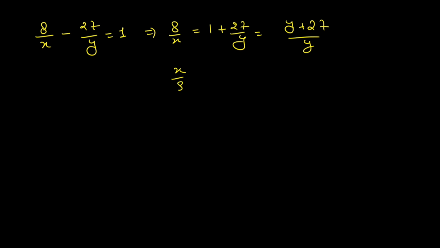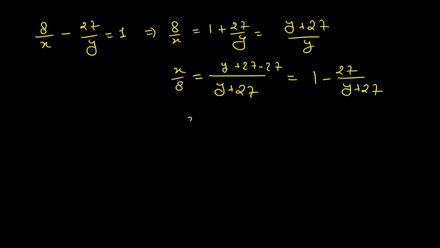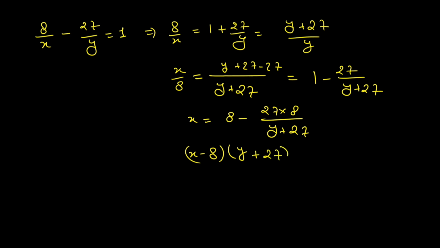We can rewrite it as x over 8 equals to y over (y plus 27), and plus 27 minus 27, we can write it 1 minus 27 over (y plus 27), and we get finally x equals to 8 minus 27 times 8 over (y plus 27), and we are getting it in the form of (x minus 8) times (y plus 27) equals to minus 27 times 8, right?